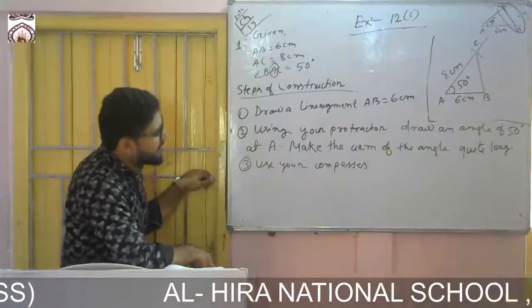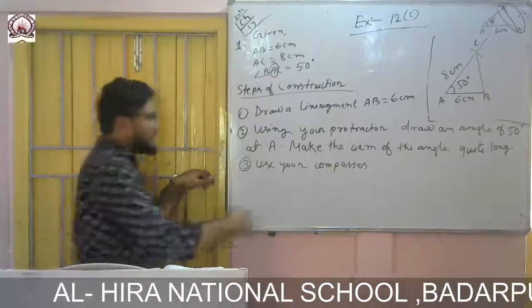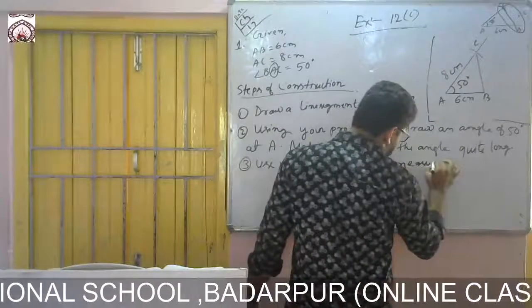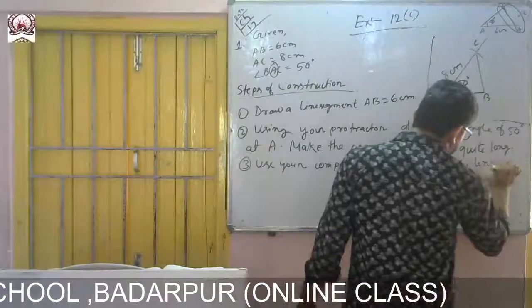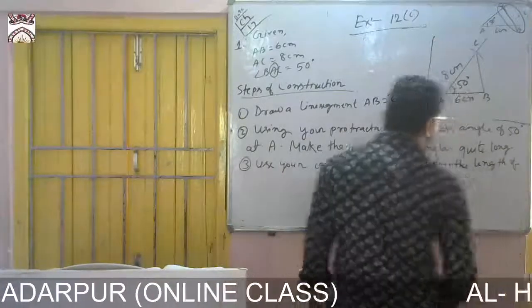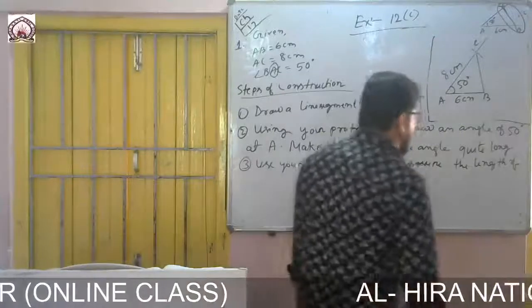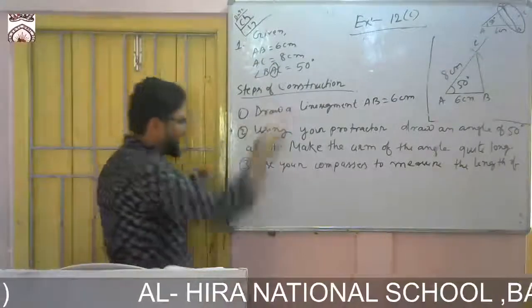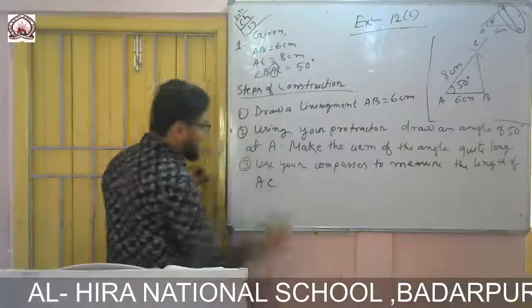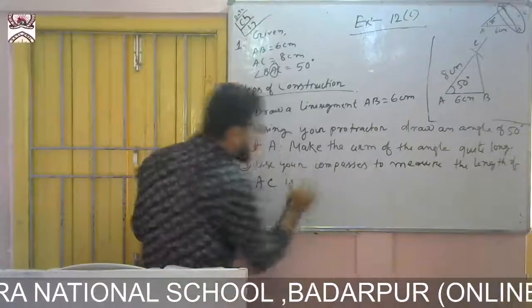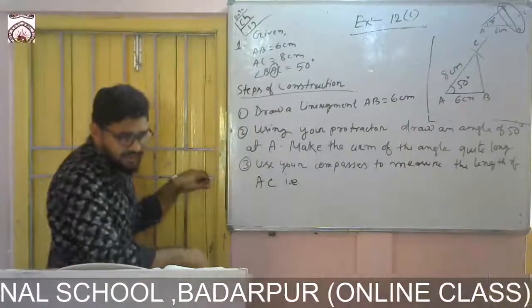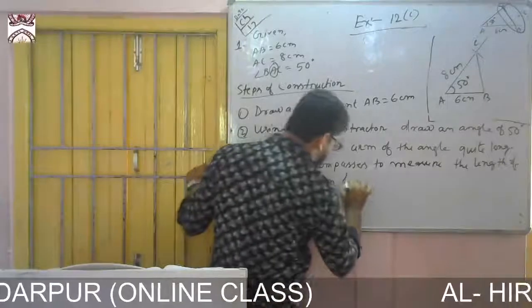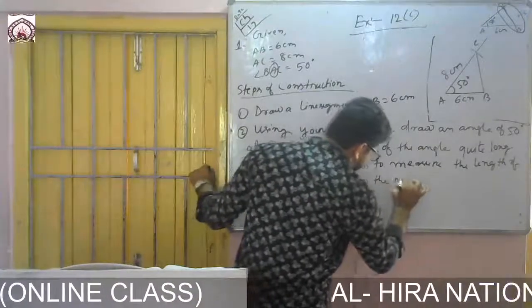AC equals to what? That is 8 centimeter from the ruler.